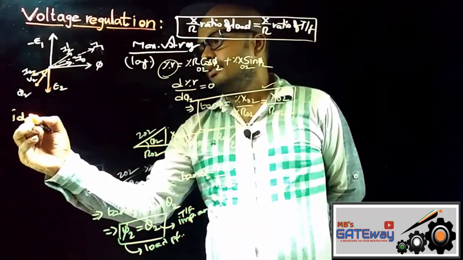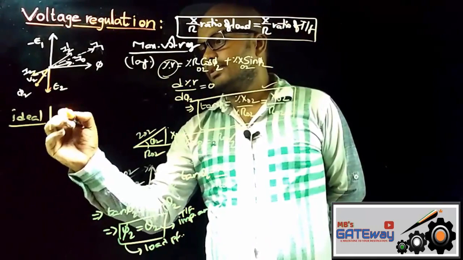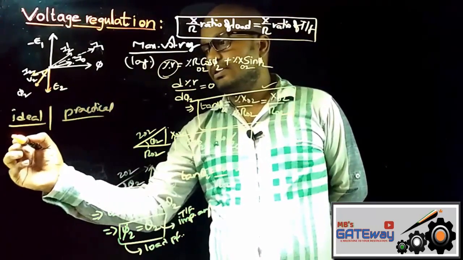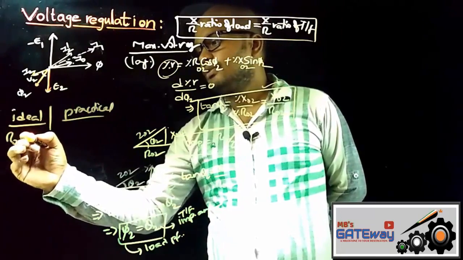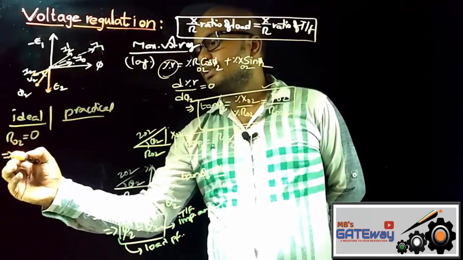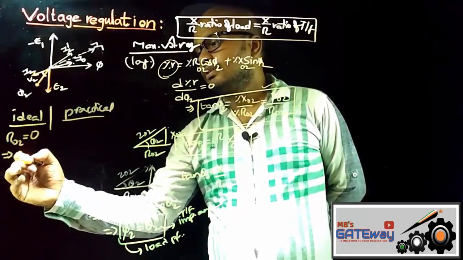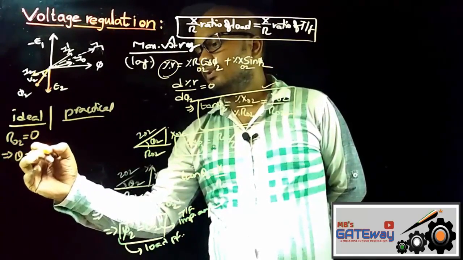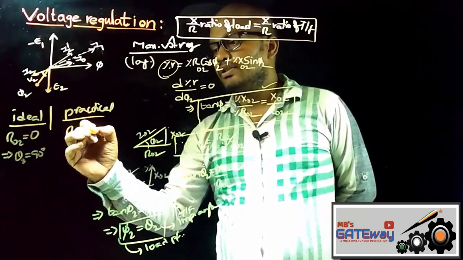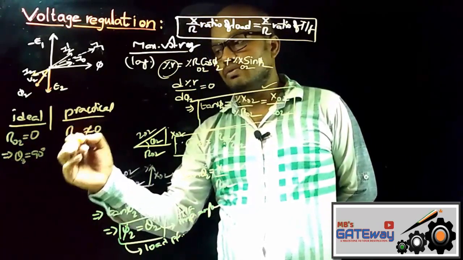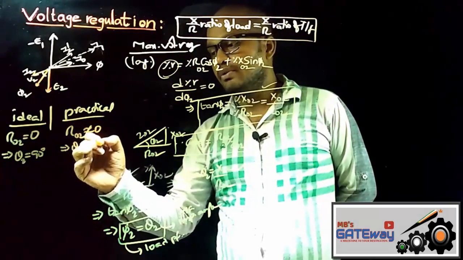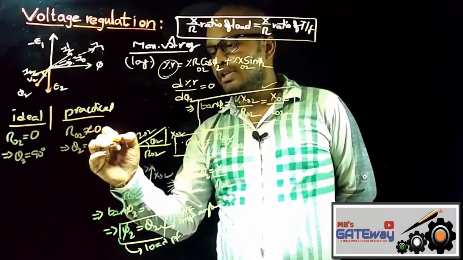Let's consider the ideal case. Ideally, the resistance of the transformer is 0, which implies theta 2 is equal to 90 degrees. But practically, resistance is not equal to 0, which implies theta 2 practically will be around 80 to 85 degrees.